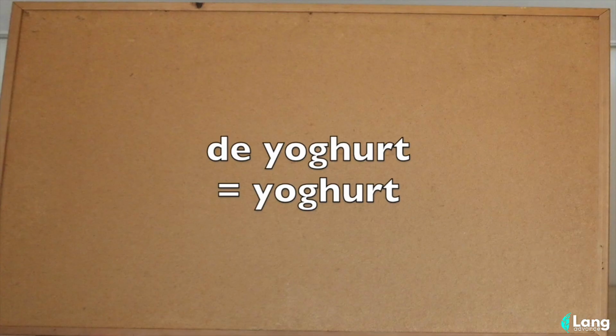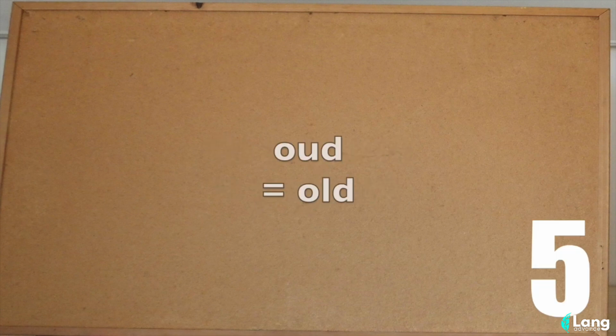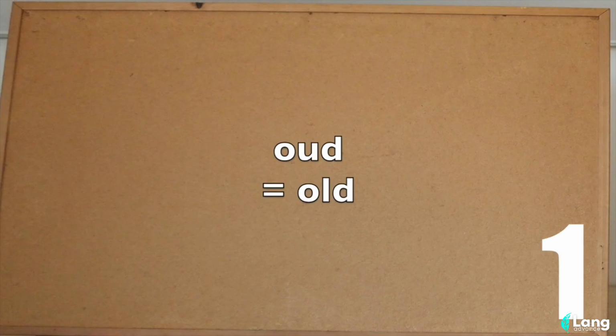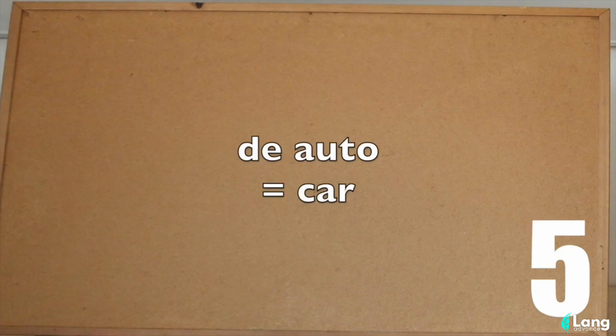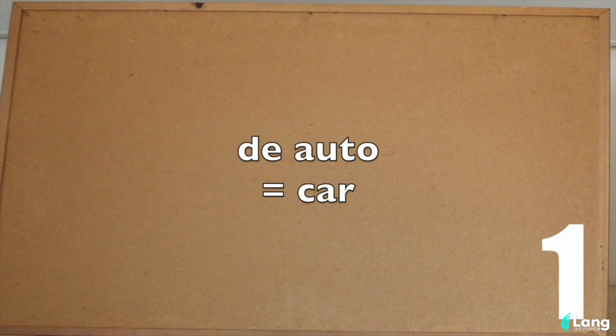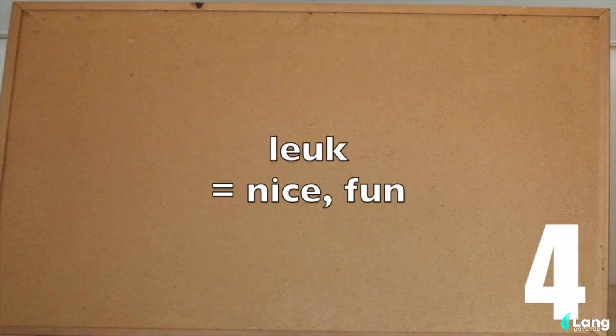"De yoghurt" is yogurt. "Oud" means old. "De auto" means car. "Leuk" means nice, funny.